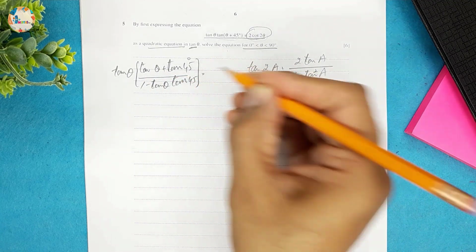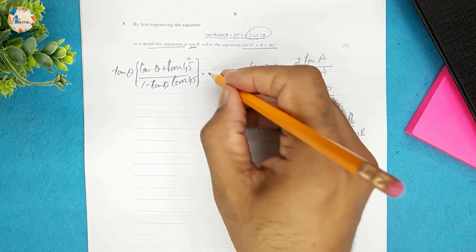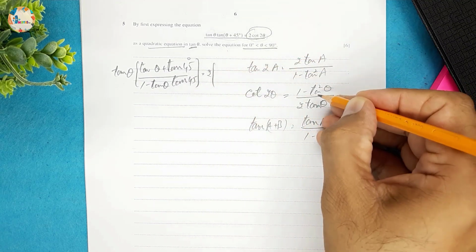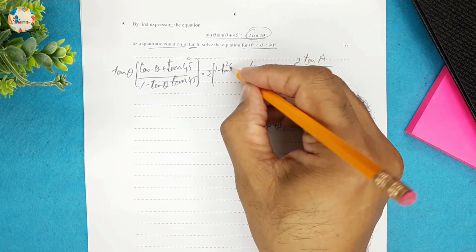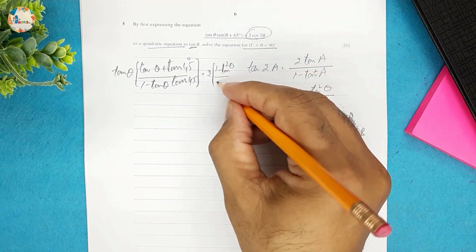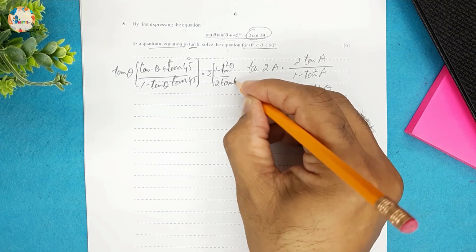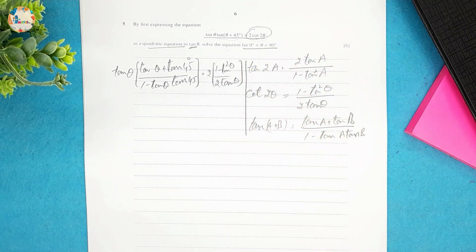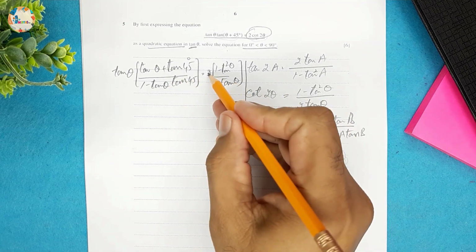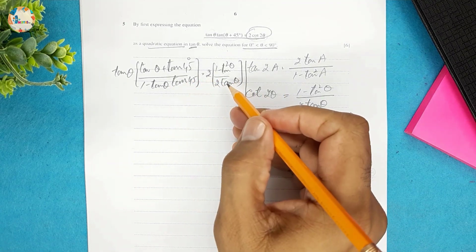Now this is equal to 2 into this one, 1 minus tan square theta over 2 tan theta, and this one we can draw a line over here. So this is basically the new shape.